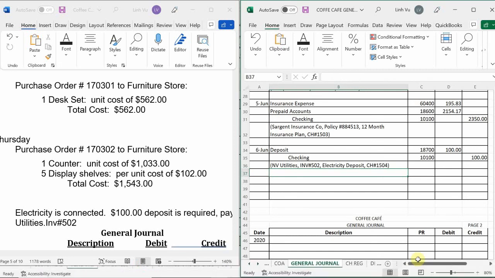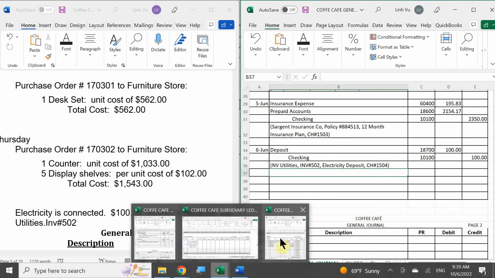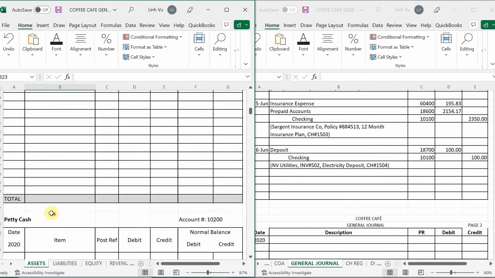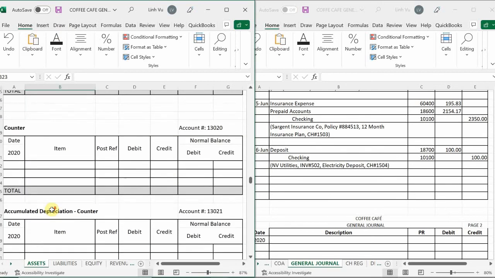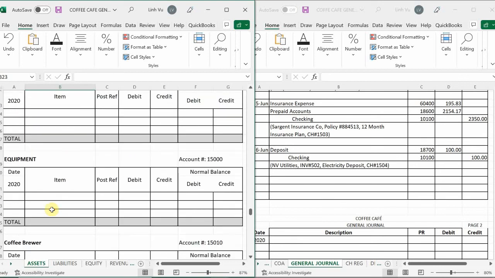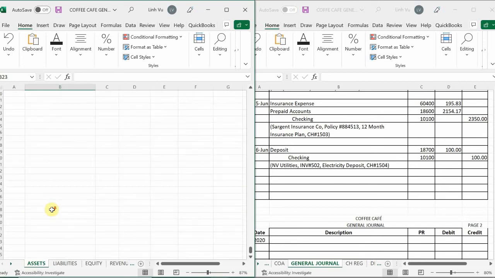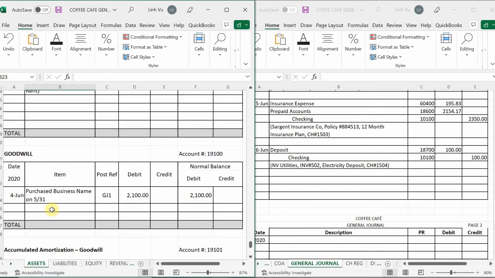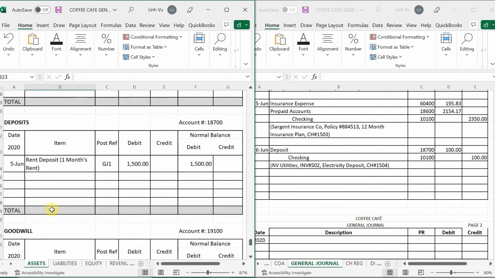Okay. So now that I finished my journal, I'm going to go to my ledger to update my accounts because I just wrote another check out. I'm going to go to my deposits first. Okay, here's your deposits.